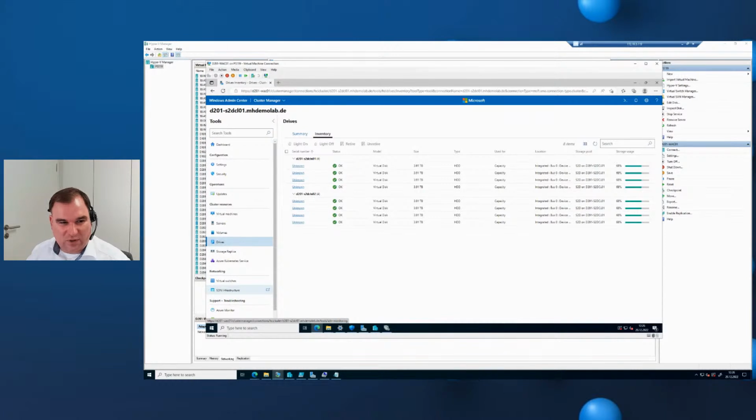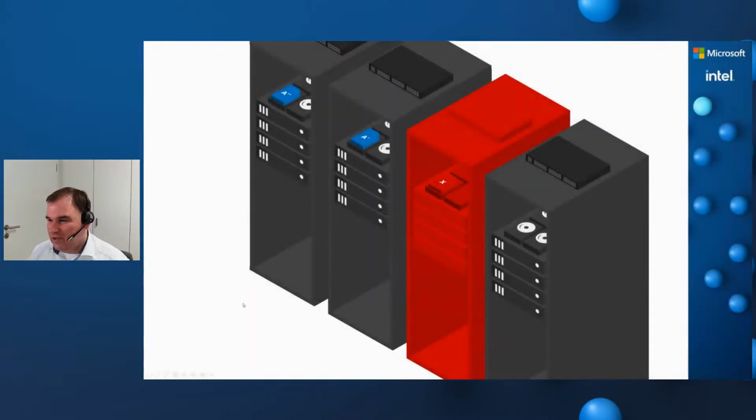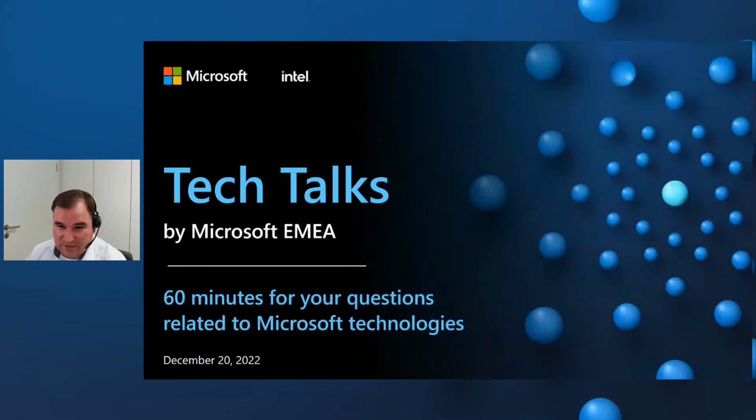So this is what is checked here for distributing the data. And we have learned the option that we could group servers by building a chassis or site or rack awareness. And the default awareness is the storage scale unit, and this means the server. And so it is important that this works. This is one of the foundations of Storage Spaces Direct.